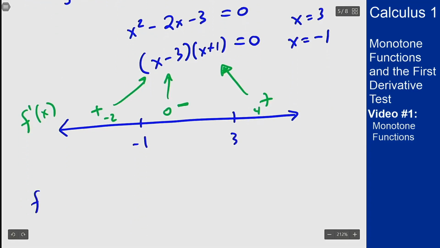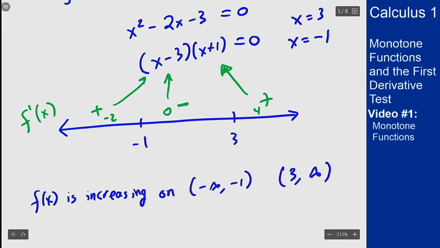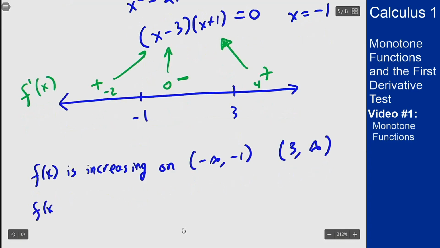So f of x is increasing on two intervals, the part below minus 1 and the part above 3. So it's increasing on minus infinity up to minus 1 and on 3 to infinity. And similarly, f is decreasing on this middle part from minus 1 up to 3.